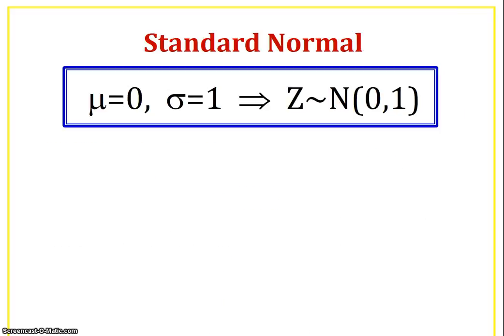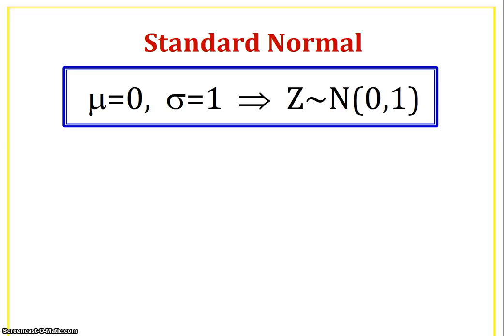Now, there is one special member of the normal distribution family. It's the only one that has its own name. I accidentally said it earlier. It's called the standard normal distribution. And it's the normal distribution that has a mean equal to 0 and a standard deviation equal to 1.